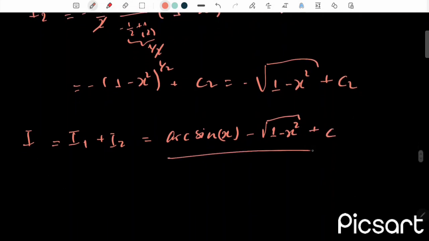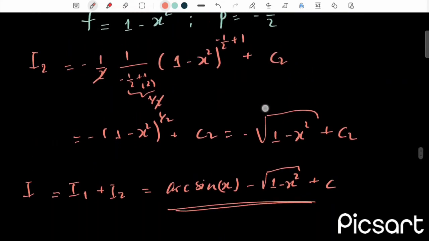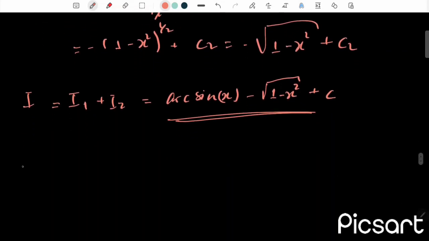This is the full solution for our exercise, and we can take its derivative to show that this is the solution for the exercise.